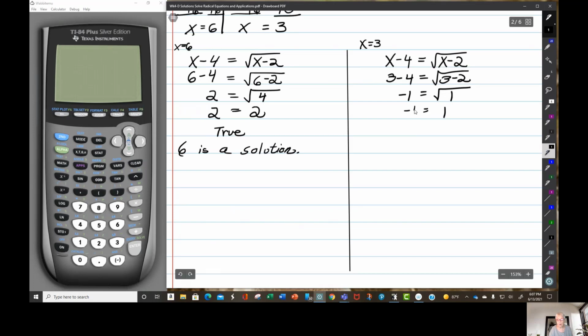So we have negative 1 equals positive 1, which is not true. In fact, it's false. They're two different numbers, which means x equals 3 is extraneous.